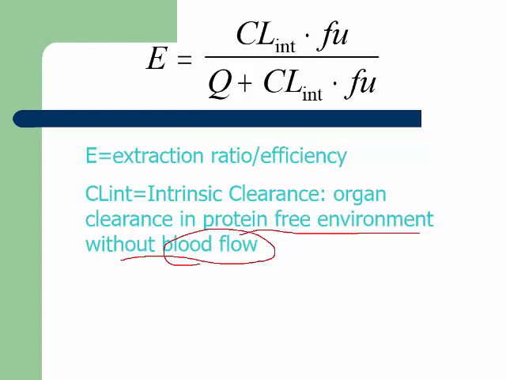Do you know what intrinsic means? It means within itself. So if you take away protein binding and you take away blood flow, so take a chunk of liver and put it in a test tube, and then you put in your drug, therefore you don't have binding and you don't have blood flow as a factor, what would be the intrinsic clearance of that particular organ of clearance?